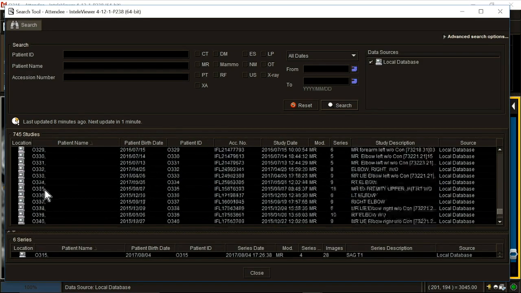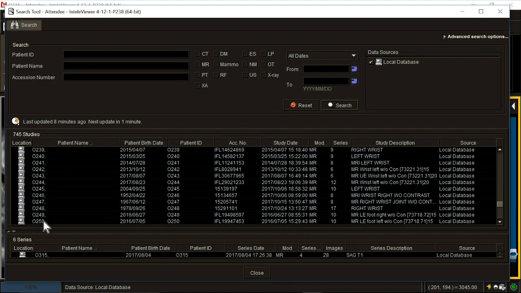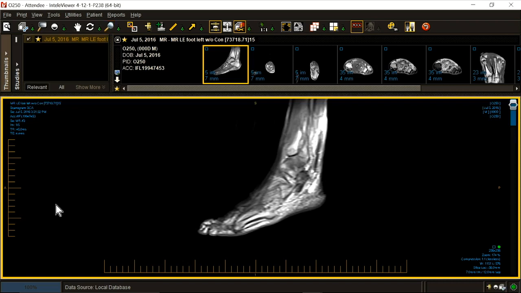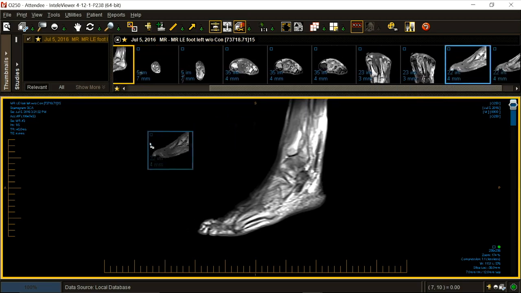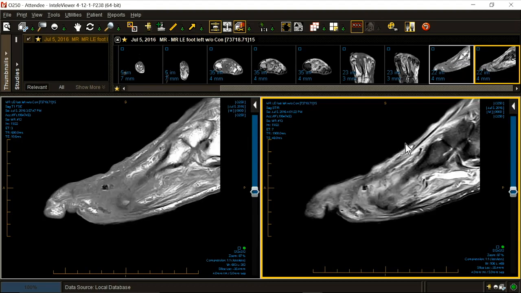78-year-old with chronic ulcer of the midfoot. Got a plantar ulcer at the level of the second MTP. Let's go to the sagittal. Let's go to the second MTP.